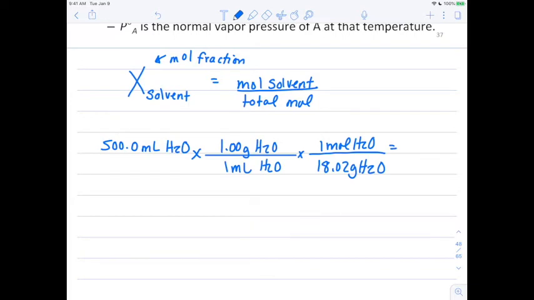So it looks like 500 times 1 divided by 18.02. And we are in 3 sig figs because of our density. I'm going to say 27.7, and I'll say 27.75 for now just to give us a few more digits, but we will go down to 3 sig figs because of density. So don't forget about density when you're looking at significant figures. Density always counts. Okay. Any questions on how I found the moles of water?